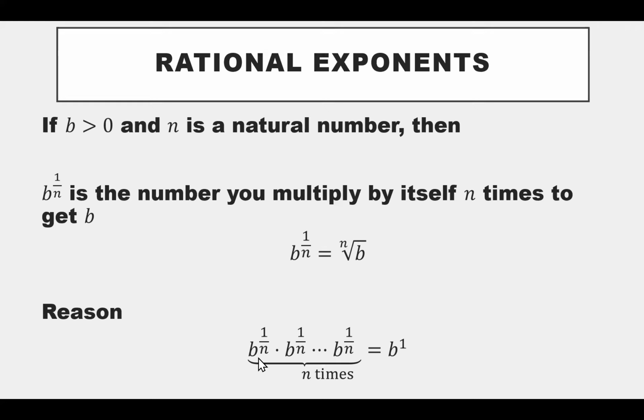Now, the number you multiply by itself n times to get b is also called the nth root of b. This is why we wanted b to be positive, so that we don't have to worry about negatives underneath a square root.